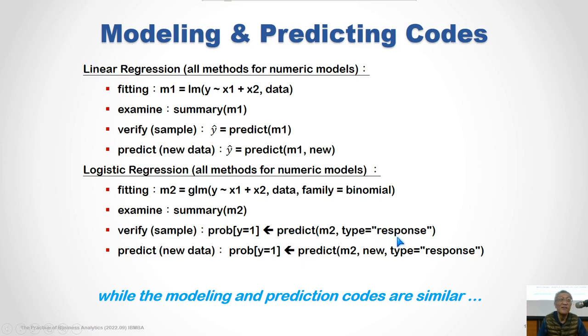When you're predicting probability using a logistic model, you always need to include type equal to response. If you do not give it new data, it will just predict the training data. If you want to predict new data, you need to provide new predicting variables, and according to them it will give you a new set of probabilities.